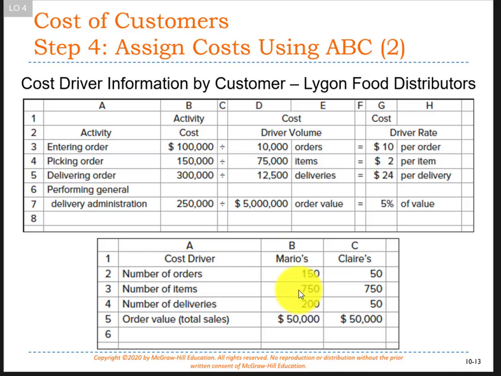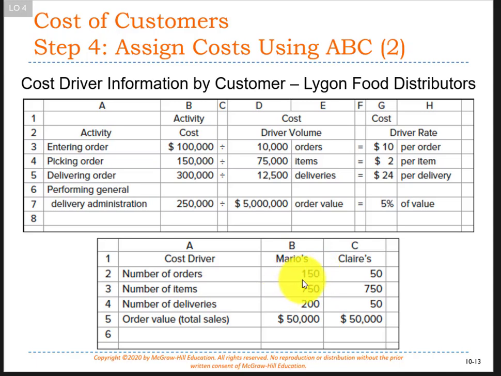And here is how we're going to apply this to Mario's and Claire's. So we have this from our earlier slide: dollars per order, dollars per item, $24 per delivery. And we're going to apply that to total for Mario's, rather than looking at each individual order, which I tried to talk through so you could picture it.